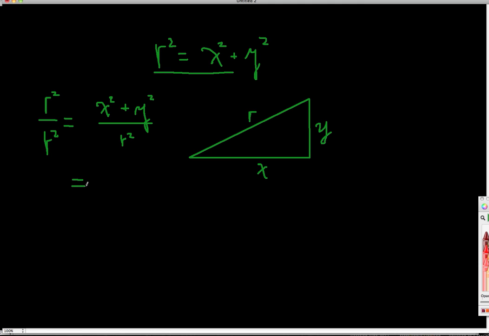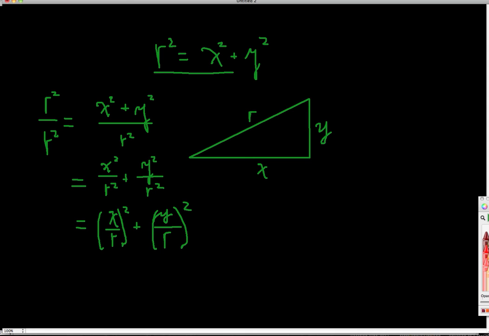That's equal to x squared divided by r squared plus y squared divided by r squared. Then this is equal to x divided by r, the whole thing squared, plus y divided by r, the whole thing squared.